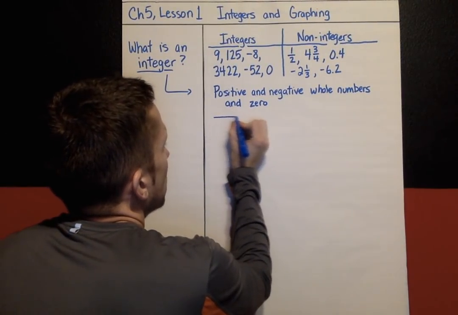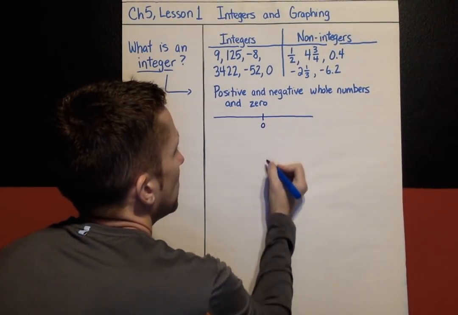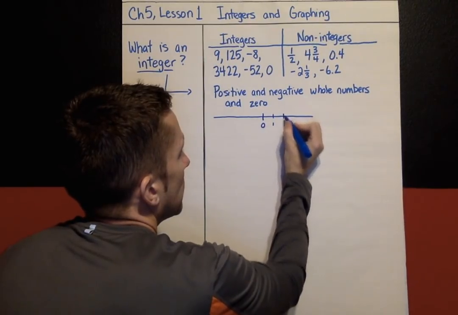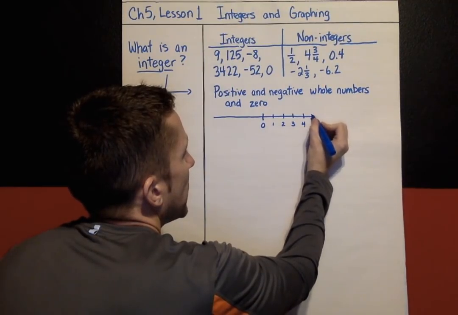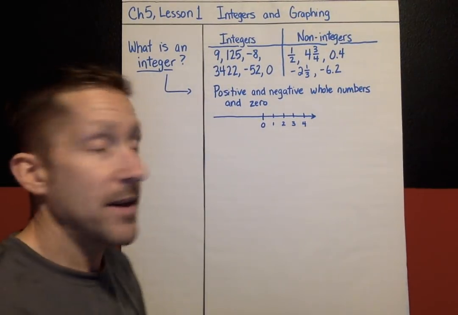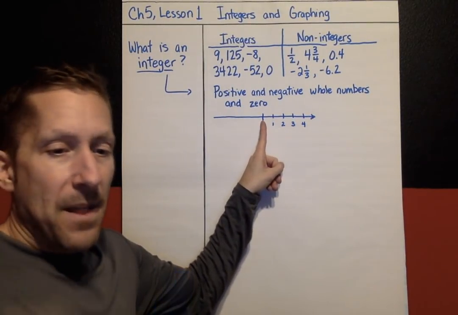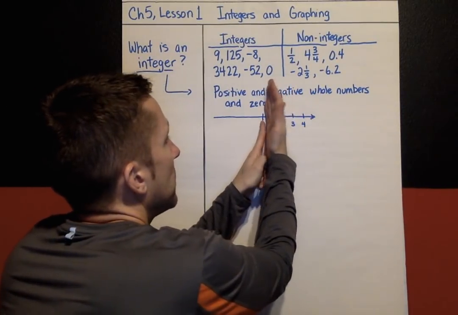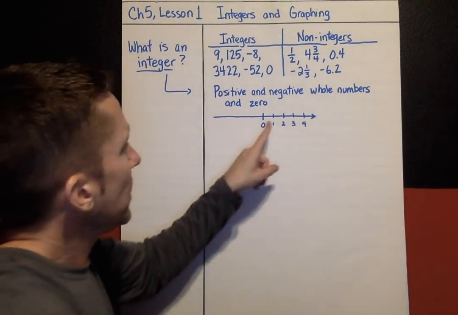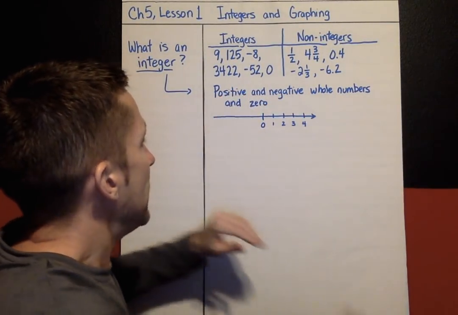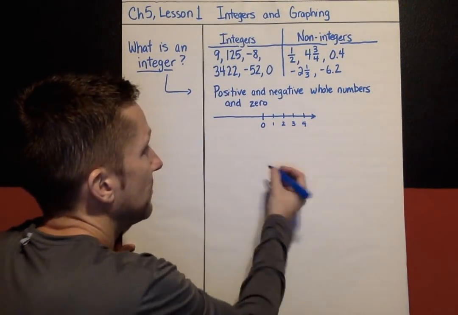You're most used to number lines that go across, and here's 0. I'm going to put an arrow on that number line to show that it keeps going forever in that direction. Now imagine right here at 0, if I could fold this number line across, it's going to count in the exact same way, but in the negative direction.